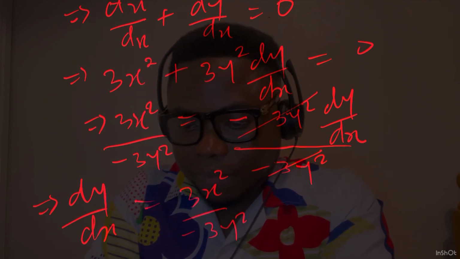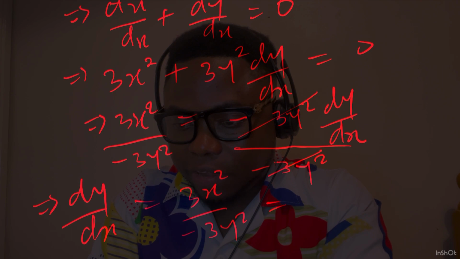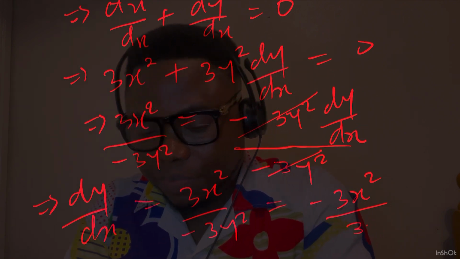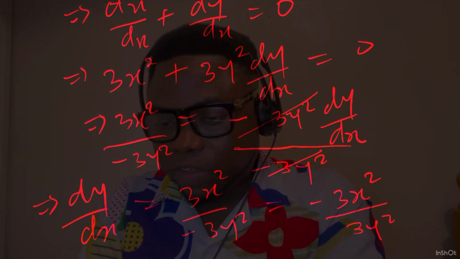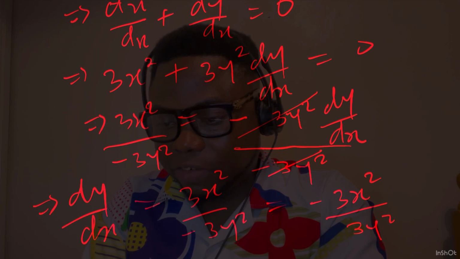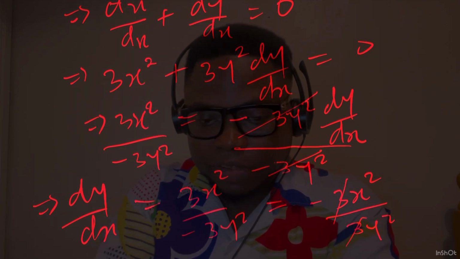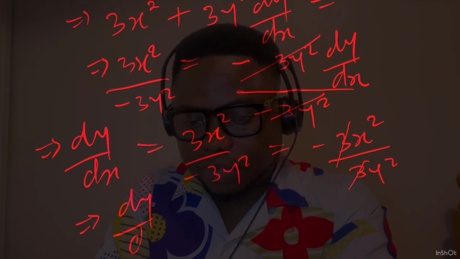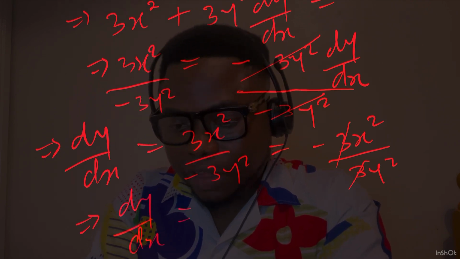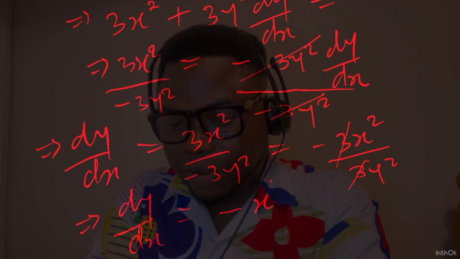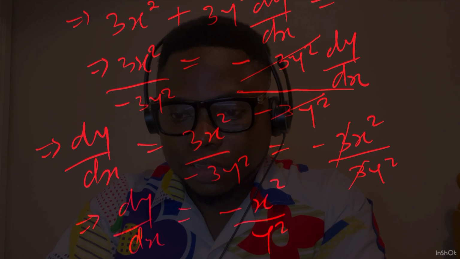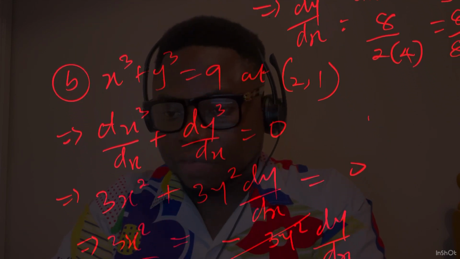And remember that this is the same thing as minus 3x raised to the power of 2 over 3y raised to the power of 2. Minus just moved up. So in this case, you can see that 3 will cancel out 3. I will have dy over dx is going to be minus x raised to the power of 2 divided by y raised to the power of 2. And we are given 2 as x and 1 as y.